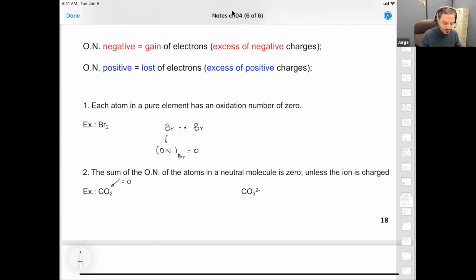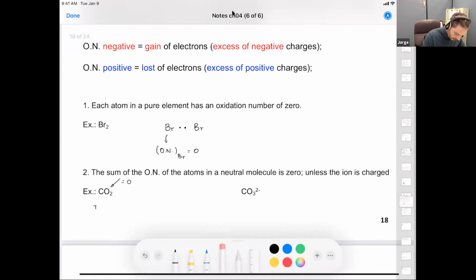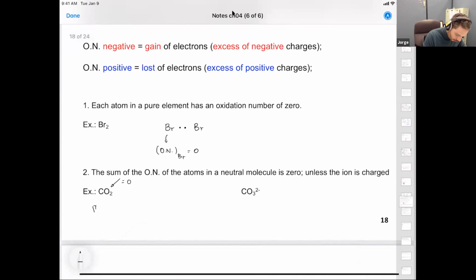Therefore, this is a neutral molecule, which means that the sum of the oxidation numbers of all the elements in this compound has to be 0. So every time we have a neutral molecule, if we add all the oxidation numbers for all the atoms in the compound, this has to be 0.